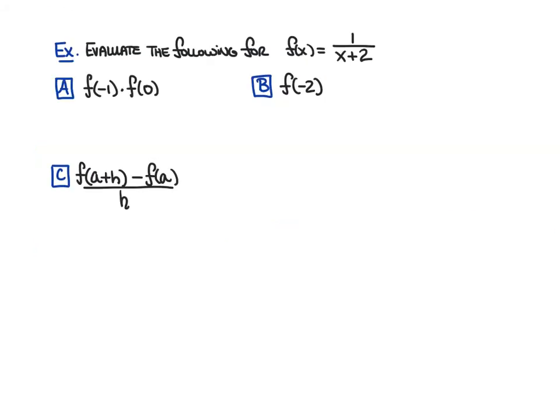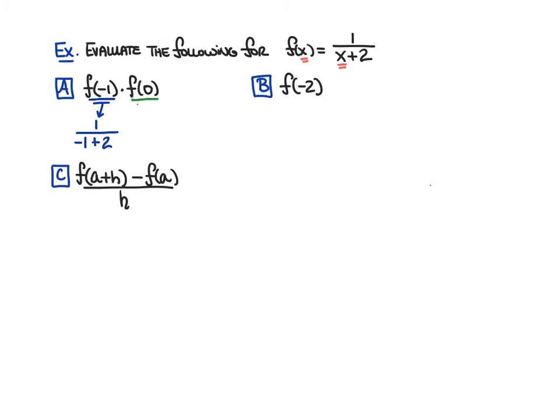Similar to the last slide, I want to do one more example with a different function. So our function here is going to be 1 over x plus 2. And again, I want you to highlight what that input is. That's where the input will go. So in this first example in part A, we want to find f of minus 1 times f of 0. So f of minus 1, that's going to be where I take the function and I put an input of minus 1 where there was an x.